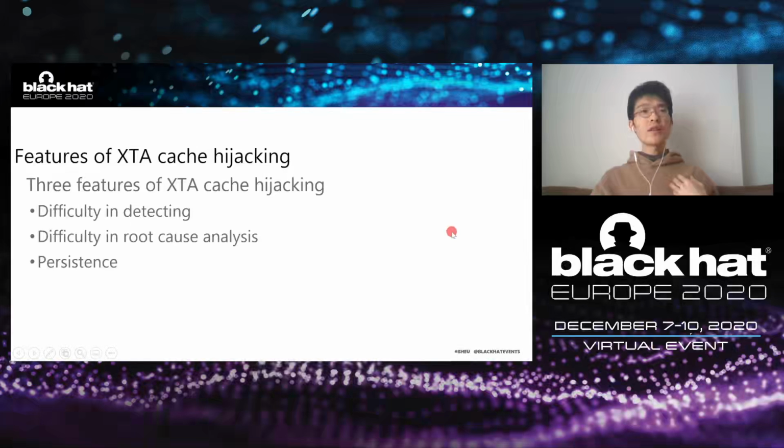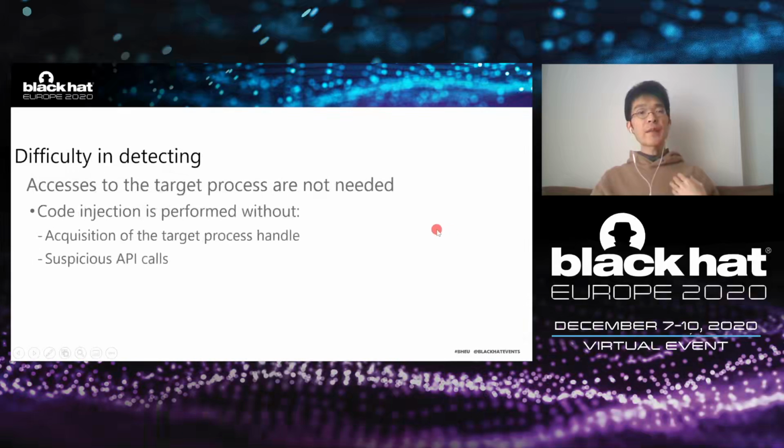Next, let me explain the features of XA cache hijacking. There are three features: difficulty of detection, difficulty of root cause analysis, and persistence. First, this technique is difficult to detect because access to the target process is not needed, such as acquisition of a target process handle.